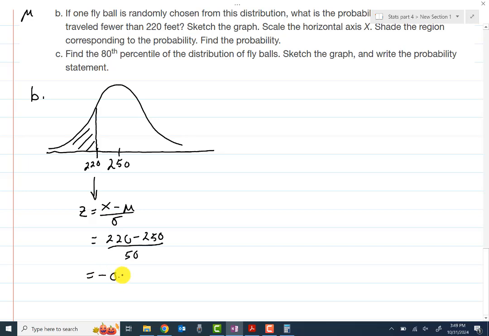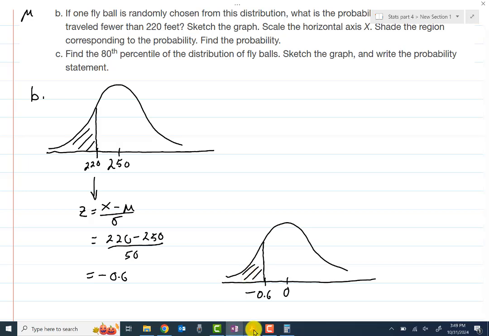And you'll end up with negative 0.6. So the corresponding standard normal distribution graph will look like this. And then we can look that directly up in the table. So that's a pretty straightforward one.